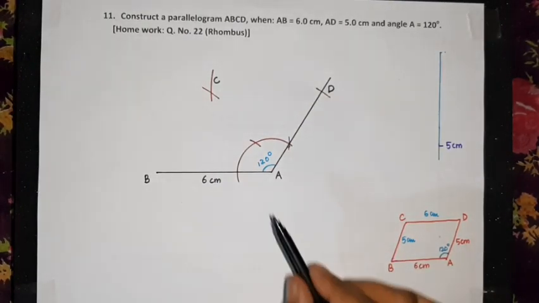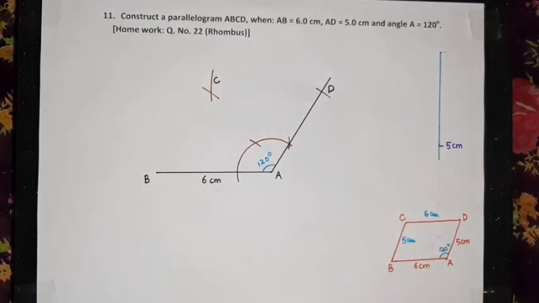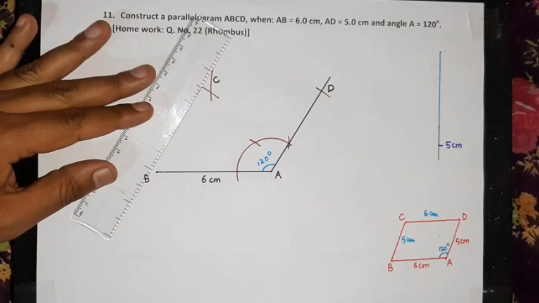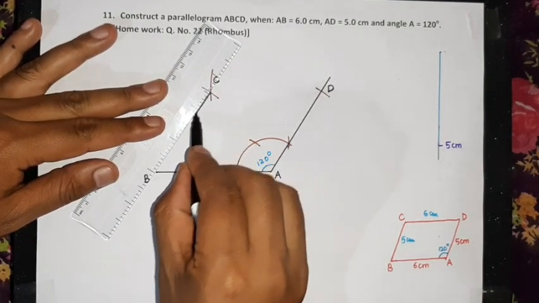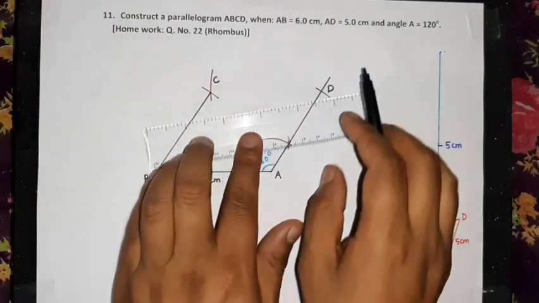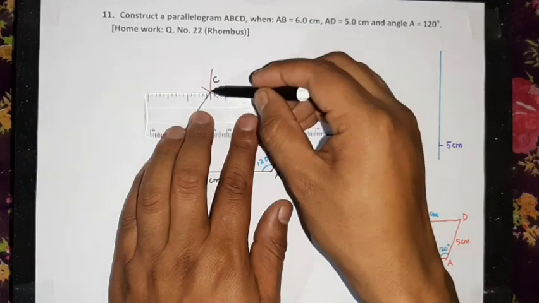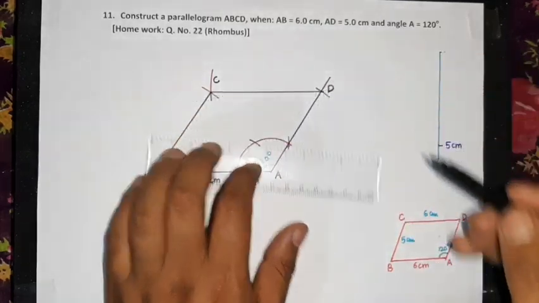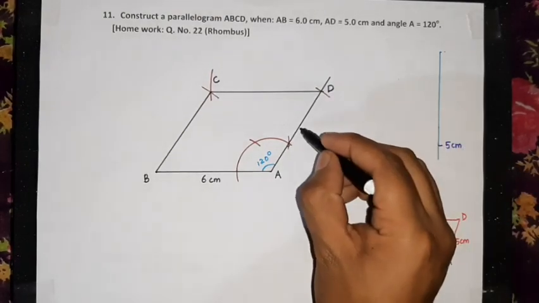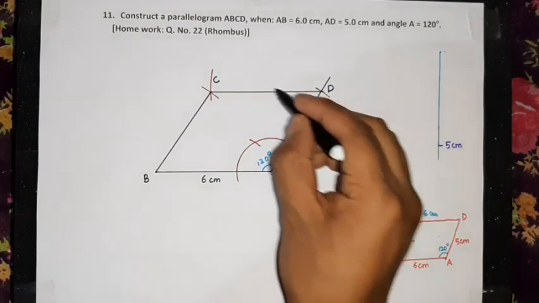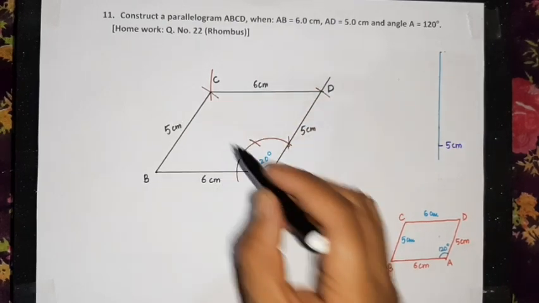So we have A, B, C and D. All the vertices are present. Now our work is to join all the vertices. So let me join B and C, and at last let me join C and D. So we know that from here to here is 5 centimeter, this is 6 centimeter and this is also 5 centimeter.